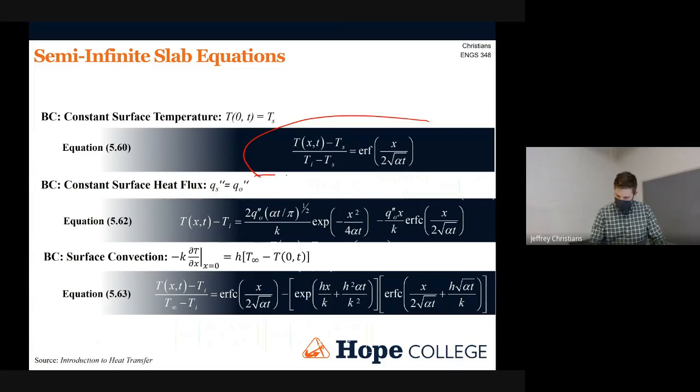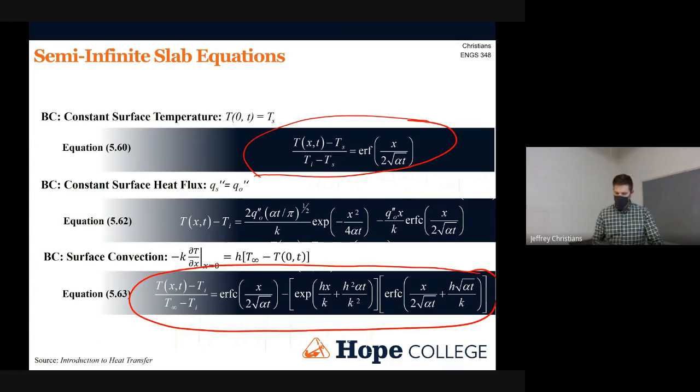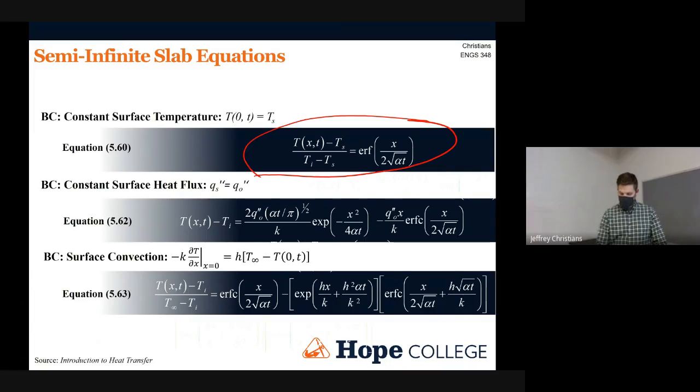We solved this top one, the equation we solved and derived in class. Then I showed you this one down here for surface convection, and said if we have surface convection, we get this big ugly thing, and I had a pre-built spreadsheet that could solve it. Another boundary condition we could expect is this middle one, where we have a constant heat flux at the surface.